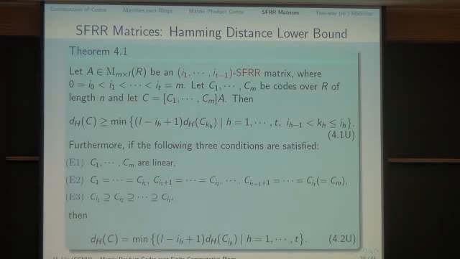And for this product code, we can get that the length is n times L, and the size is the product of all the sizes of C_j. Moreover, for the minimum Hamming distance, we have this result. That is, the minimum Hamming weight is greater than or equal to the minimum of these integers. And furthermore, if the following three conditions are satisfied, then the equality holds.